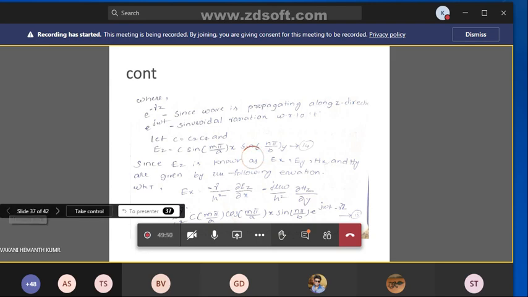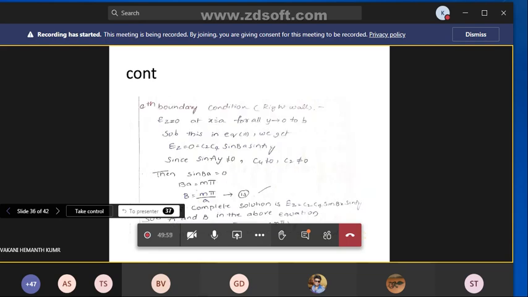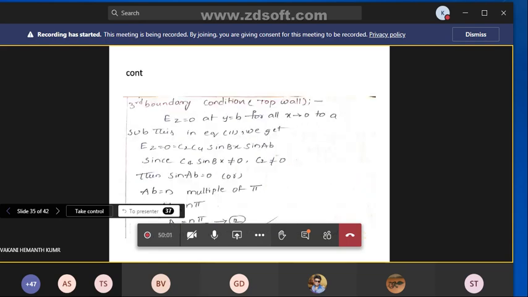So what is Ex? I am going to the previous slides. In yesterday's class we have discussed the field components in x and y directions. So wait.